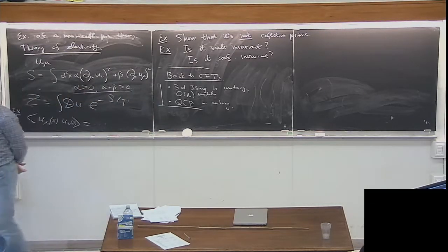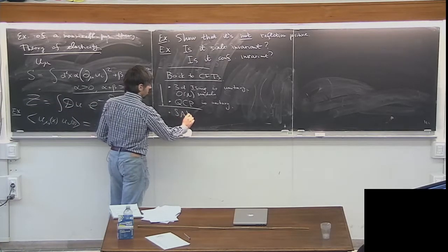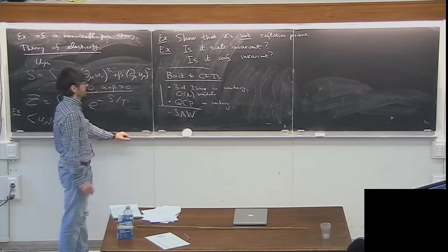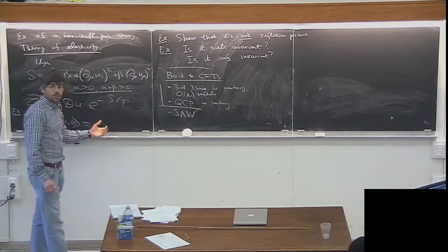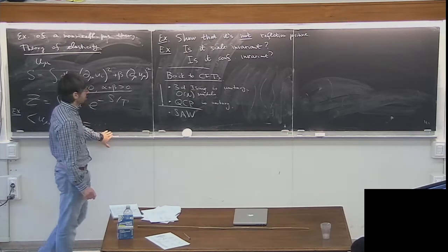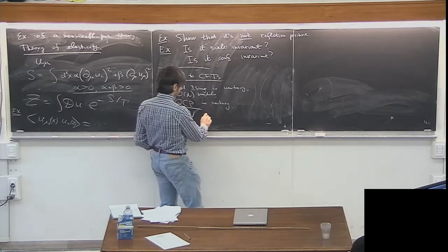For example, if you consider self-avoiding walks, for those who are familiar with this, they are a statistical physics model which has a critical point, and it is not unitary.